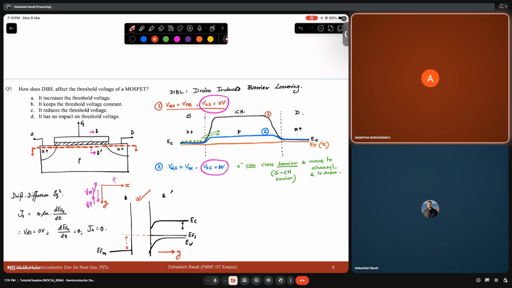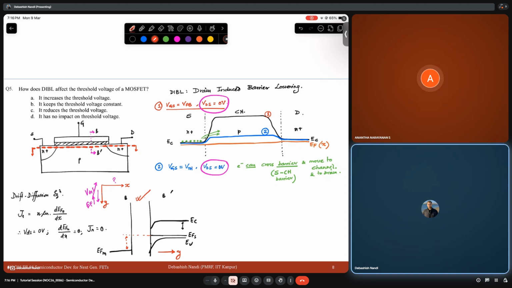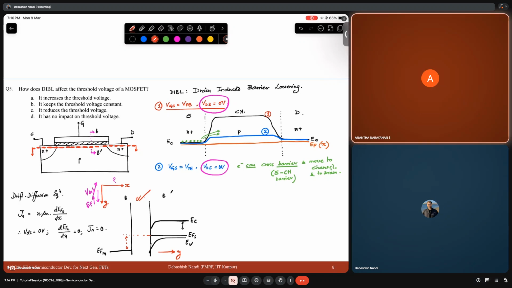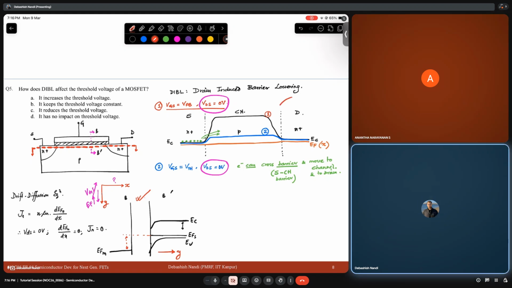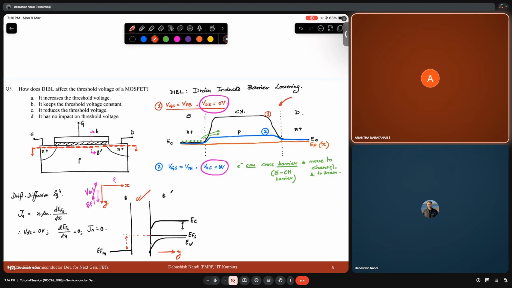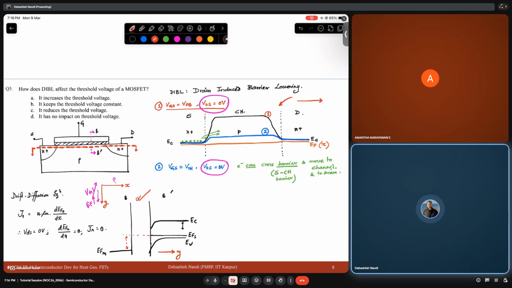Sir, but in the first band diagram which you drew, won't there be an X and Y direction actually, sir? Which band diagram? The first one. This one? Yes, sir. That one is in the X direction, right?